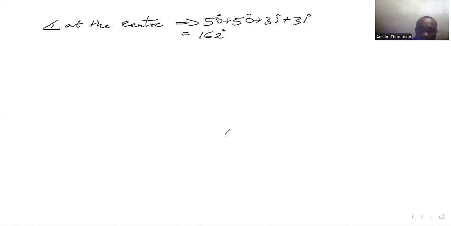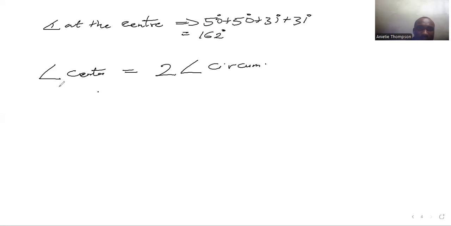The angle at the circumference is angle B. So the angle at the center equals 2 times the angle at the circumference.